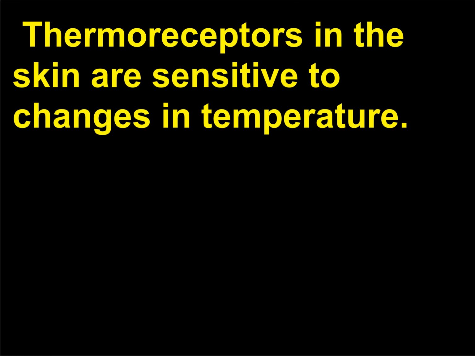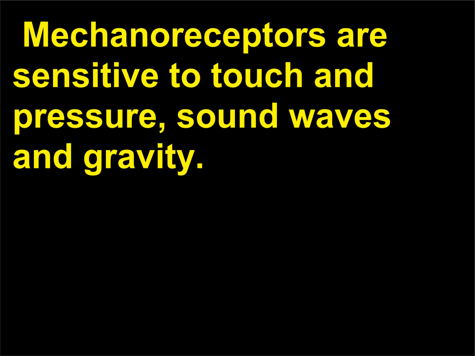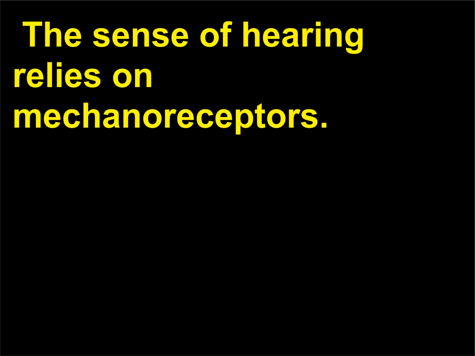Thermoreceptors in the skin are sensitive to changes in temperature. Thermoreceptors in the brain monitor the temperature of the blood to maintain proper body temperature. Mechanoreceptors are sensitive to touch and pressure, sound waves, and gravity. The sense of hearing relies on mechanoreceptors.